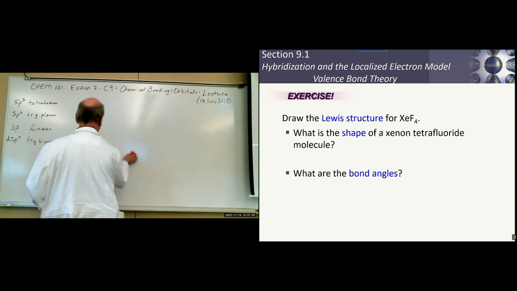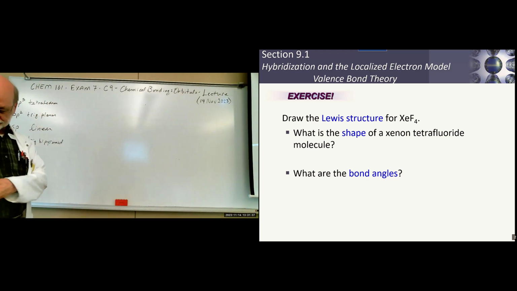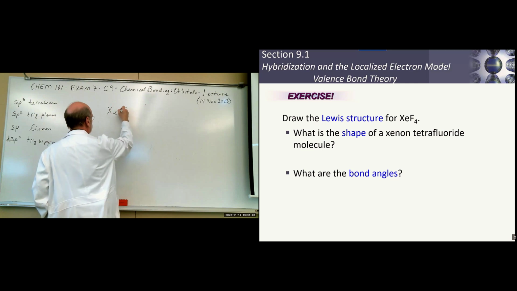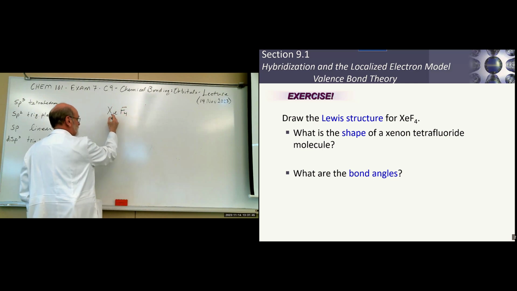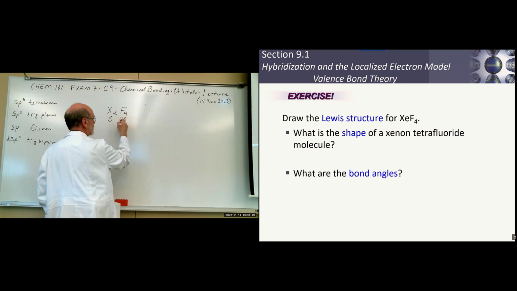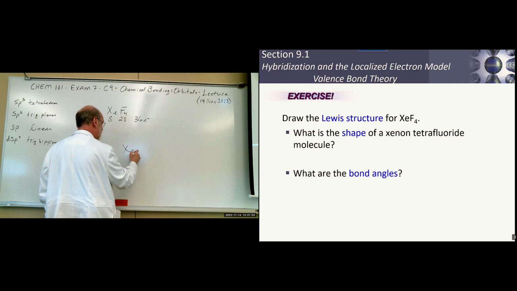Okay, next. We have this possibility: xenon tetrafluoride. Xenon has 8. It's a noble gas. 4 times 7 is 28. So it's 36 total. So we have xenon in the middle.